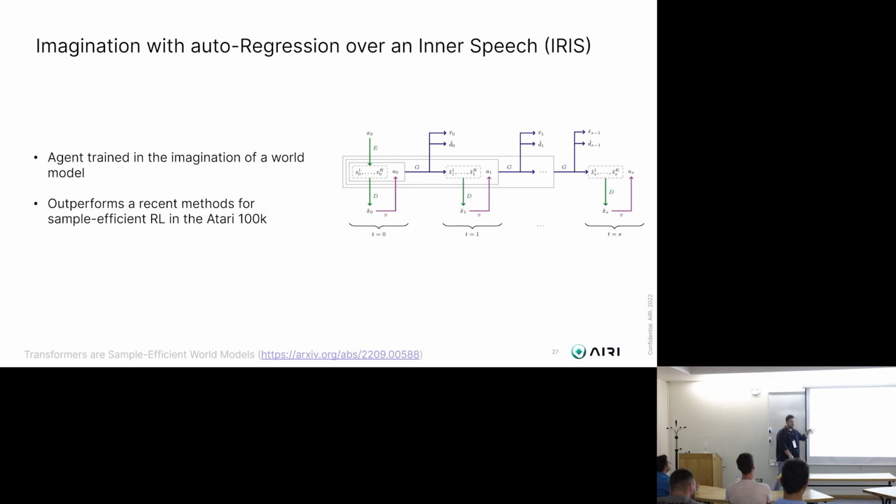And then they compare the results on the Atari 100K benchmark, which is limited to 2 hours of real-time gameplay. So it's not a huge dataset, just 100,000 iterations in the environment.